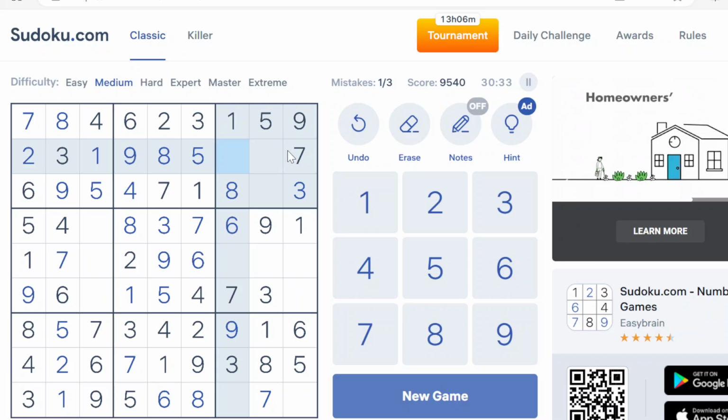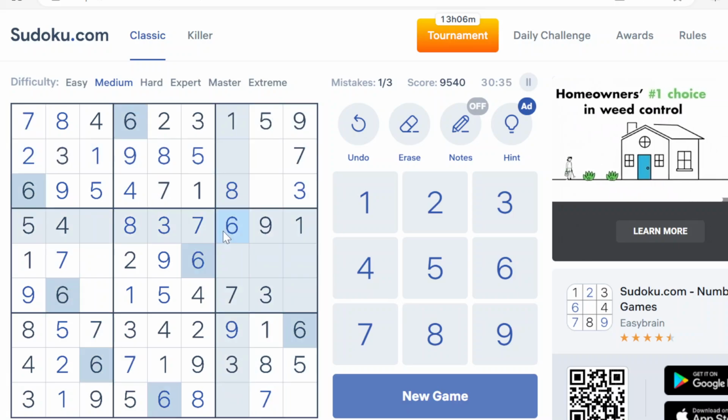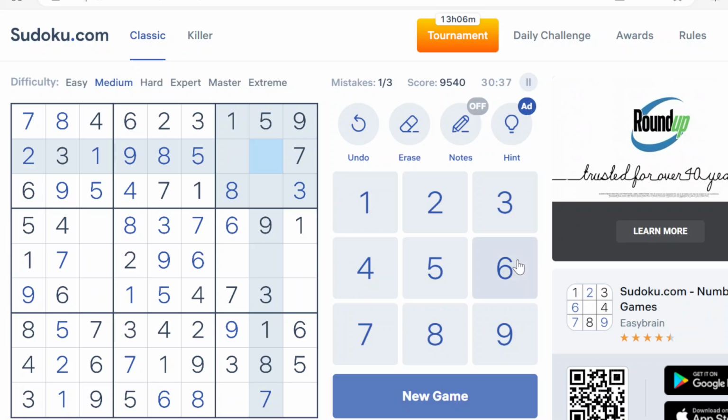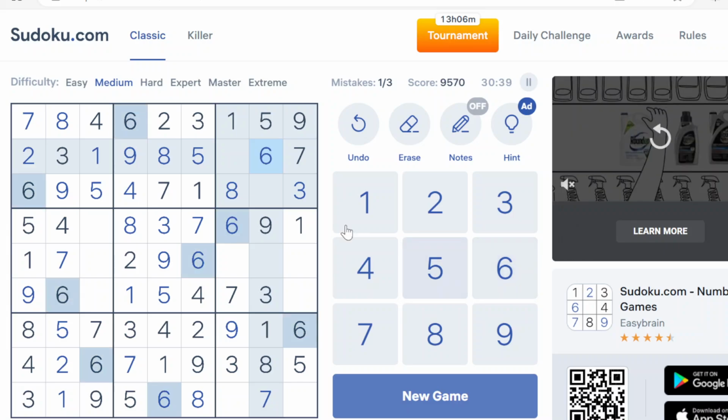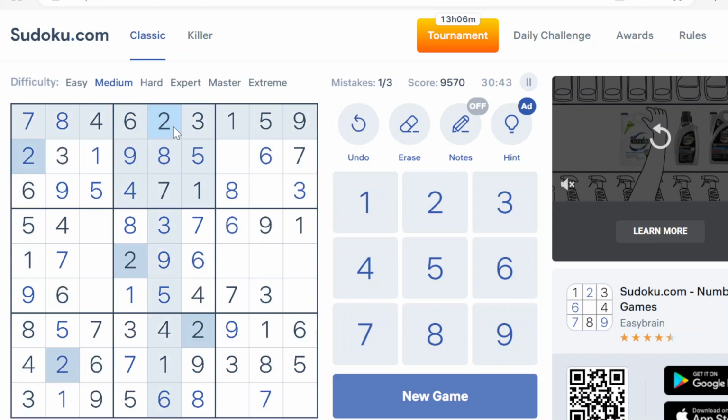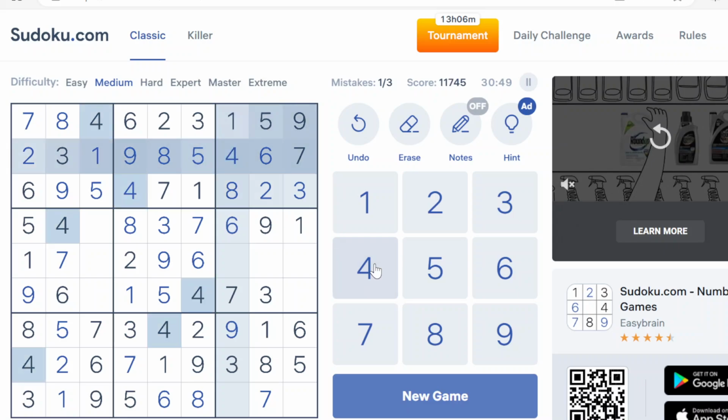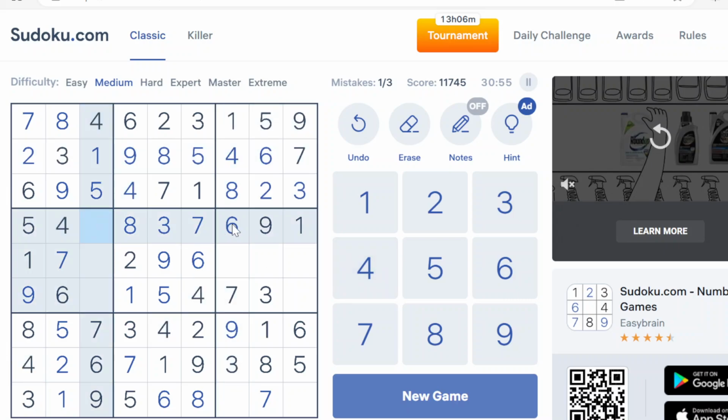So we know one of these two has to be a 6. There's also a 6 in this column, which means that this one has to be a 6. And then there's a 2 in this row, a 2 in this row. So this one can't be 2, so this one has to be 2. And the only one left is 4.